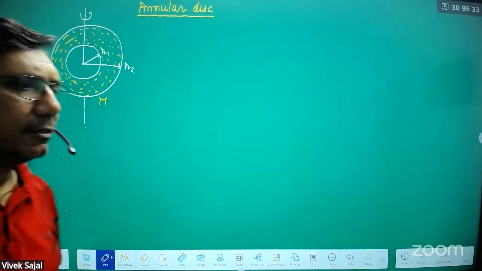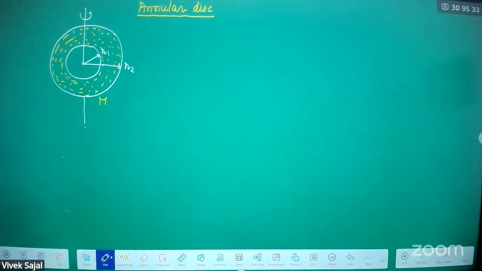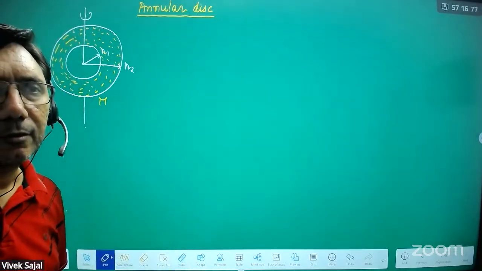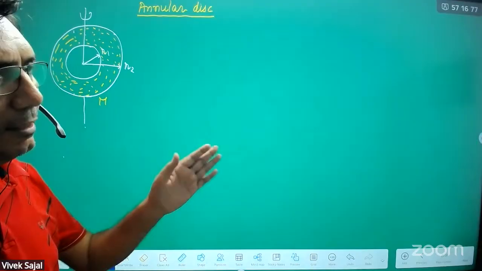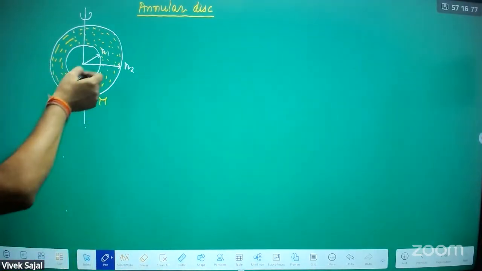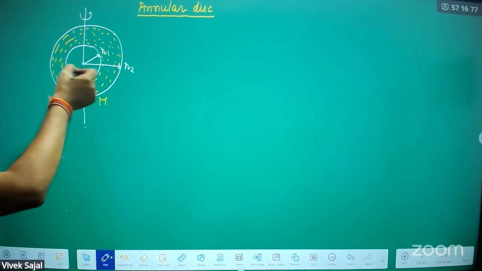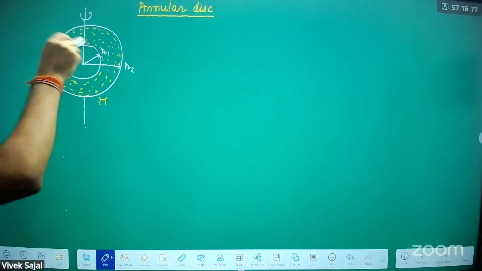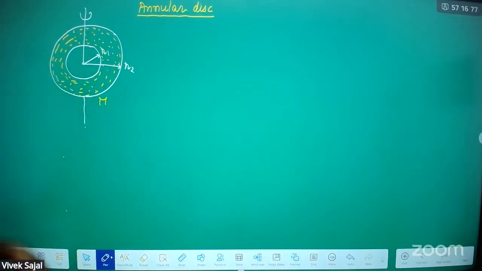So how to handle? I'm not going only for this. I'm going to tell you a general methodology by which you can calculate any problem like this. It's not necessary here I'm saying this is annular disk, but this circular part, it can be anywhere. You can remove this part from anywhere from the disk.